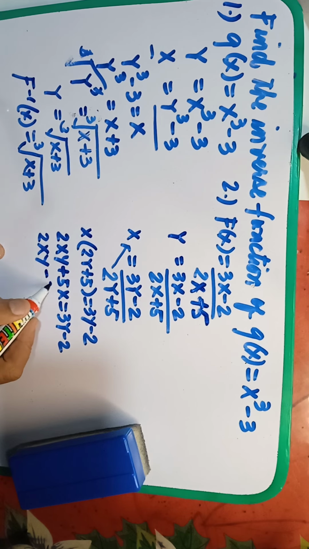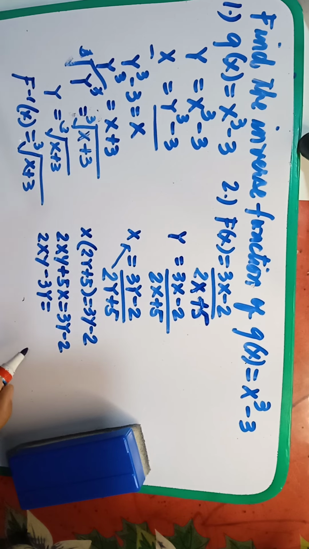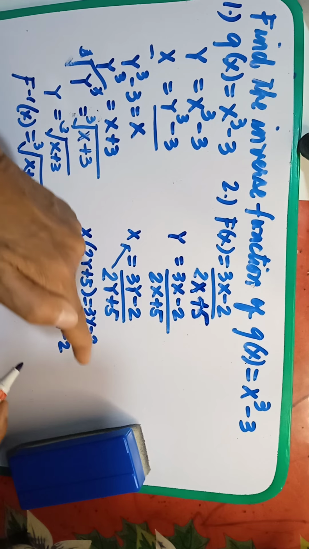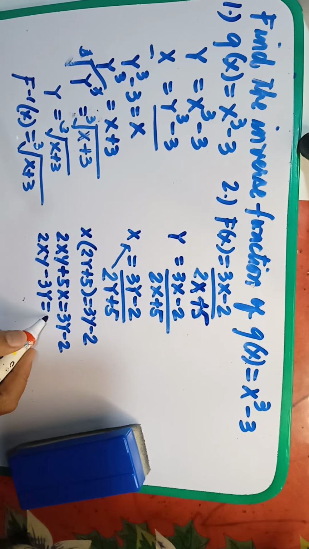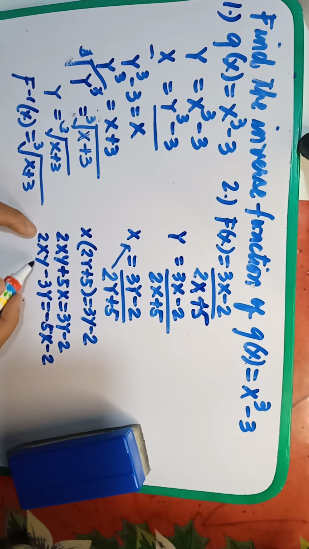That is negative 3y, and also positive 5x. You jump over 5x, over the equal sign to the other side, and we change the sign. That is by virtue of the addition property of equality. And y is common in the two terms, so we bring that common y out.